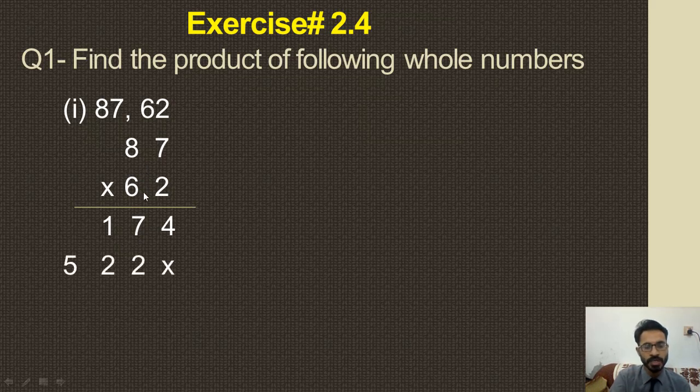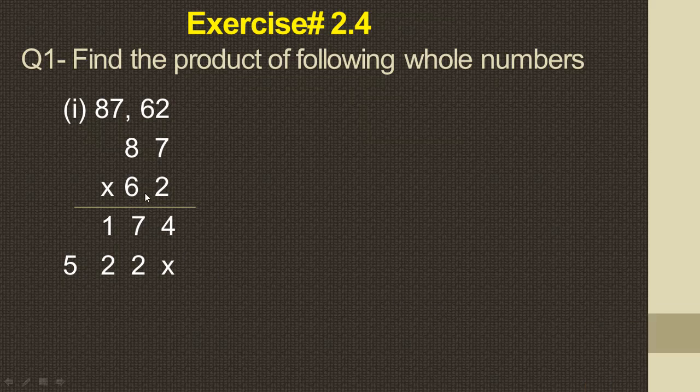Now we will multiply 6 with 7 and 8. For this purpose, first of all, we will put cross sign under 4. After putting the cross sign under 4, we will multiply 6 with 7. 6 7s are 42. From 42, we will write 2 under 7 and we will carry 4. 6 8s are 48.